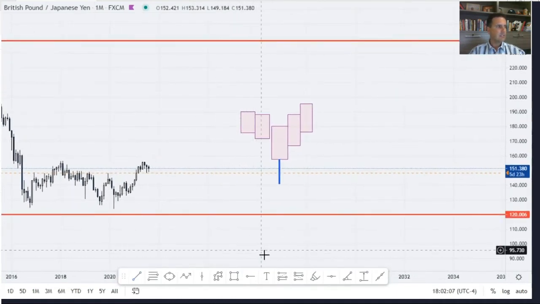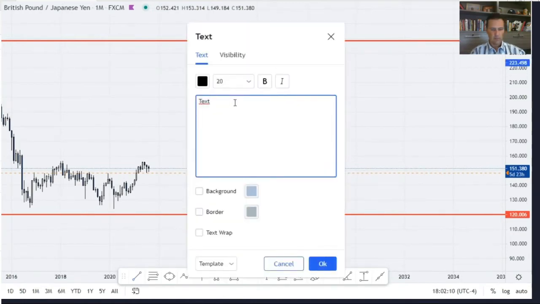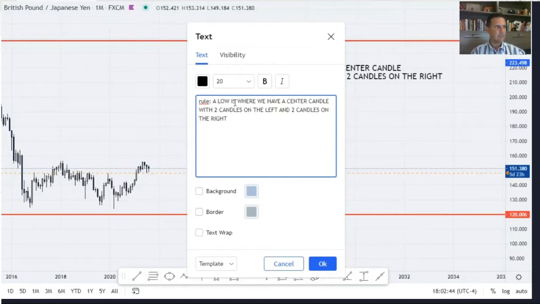This is a rule, everybody. Beginner traders, today you need to learn a rule. A low is where we have a center candle with 2 candles on the left and 2 candles on the right from the center candle.